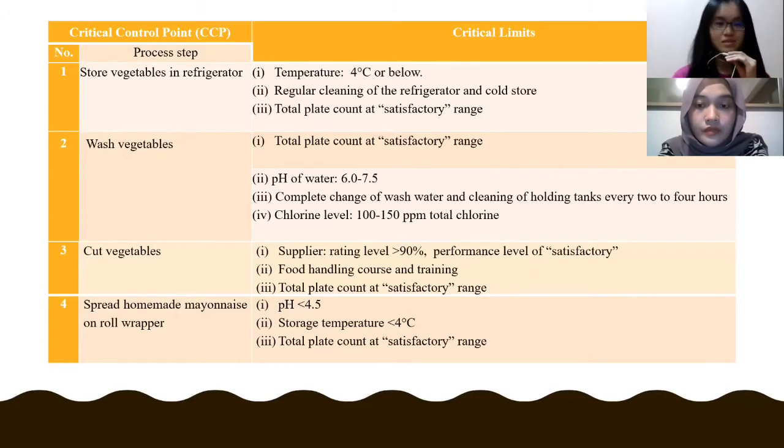This is because the mayonnaise is actually sealed before this process. So during the spreading process, we will open the seal and spread the mayonnaise onto the roll wrapper. So if the mayonnaise itself is contaminated, then it will contaminate our product as well. So the critical limit for this CCP is pH, storage temperature, and total plate count.